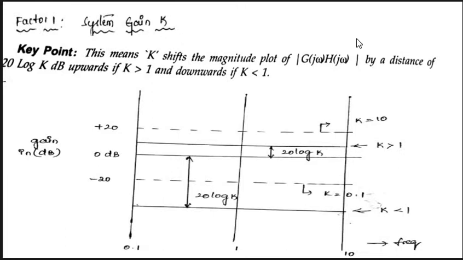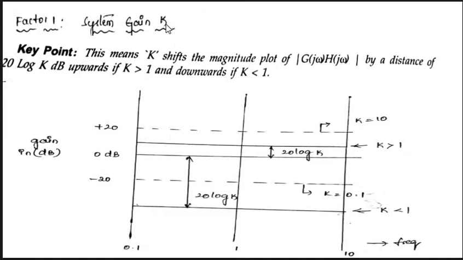Whatever the k value may be, the rule is: if the given problem is G(s)H(s) equal to k, where k is constant, this means k shifts the magnitude plot of mod G(j omega)H(j omega) by a distance of 20 log k dB upwards if k is greater than 1 and downwards if k is less than 1.